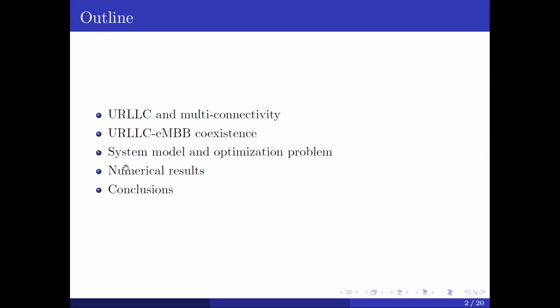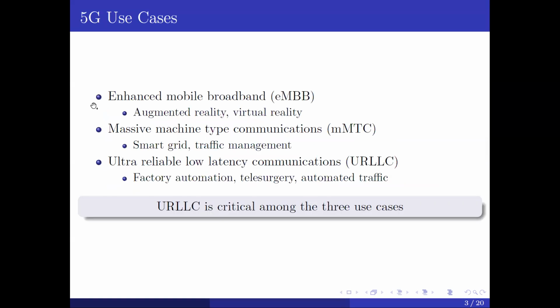So first, before introducing URLLC, we see what are the use cases of 5G, and URLLC is one of them. 5G has broadly 3 use cases. First one is enhanced mobile broadband, abbreviated as eMBB. It is expected to cater applications which require high-speed data rates in the order of Gbps, like augmented reality, virtual reality.